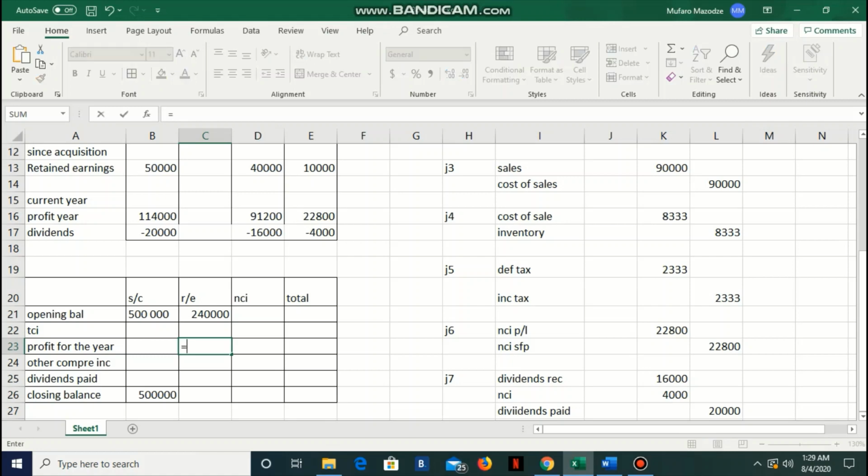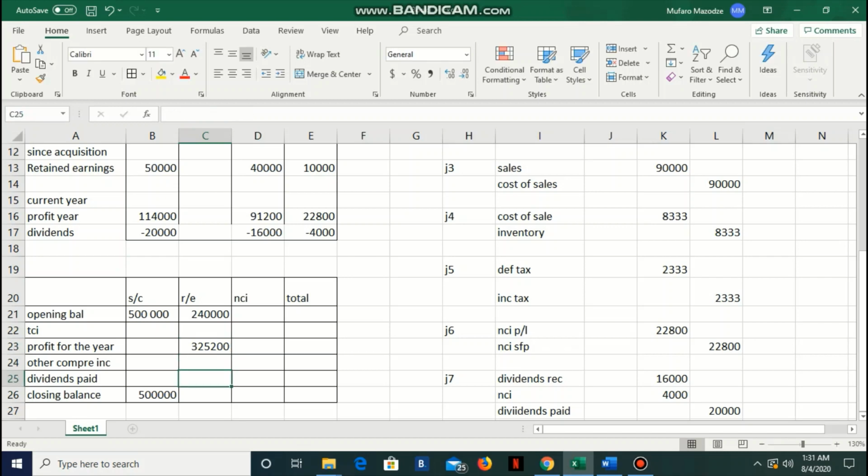So our parents' profit of the year was 250,000. Let me just double. My camera has stopped recording, guys. So profit for the year is 250,000, the parents' profit for the year plus this amount from the analysis, 91,200 less dividends received of 16,000 rand.